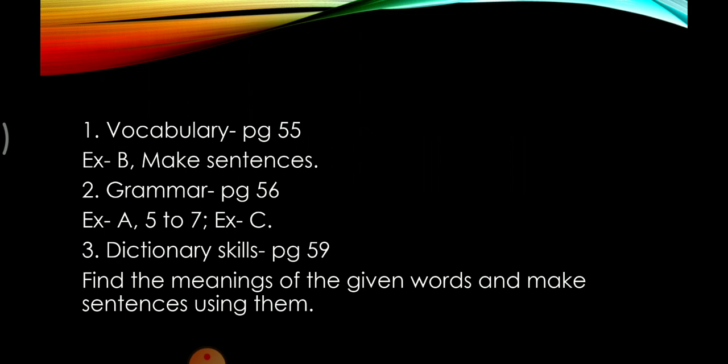Number 2, grammar, page 56, exercise A, question number 5 to 7, and exercise C. Then you will have to do this on your own, very easy. Dictionary skills, page number 59. There you will have to find the meanings of the given words and make sentences using them.